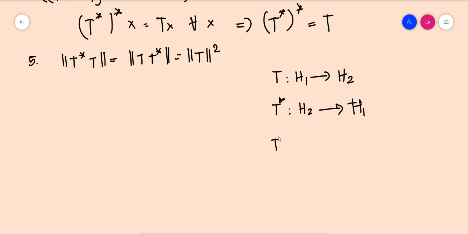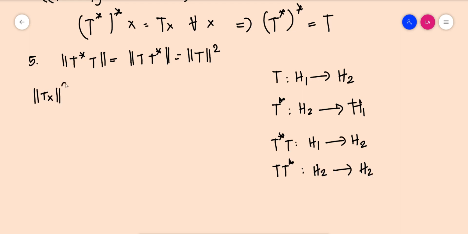Then t star t is a map from h1 to h1, and t star is a map from h2 to h1. Okay. Now this can be proved.